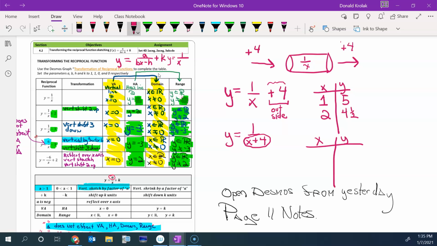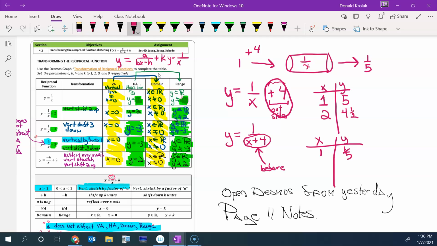I'm adding 4 before it goes in. So it becomes 5, so it becomes 1/5. You're going to add the 4 to your input, then send it into the machine. So this is being done before the function, or inside the function. The other is being done after you've already divided it by 1.